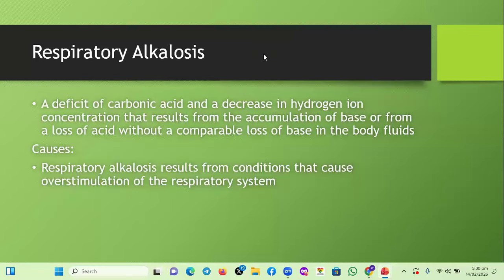Sir, when a client hyperventilates, does it mean they have respiratory acidosis? No. So if the client is hyperventilating, the client will be bringing more carbon dioxide out. Under normal circumstances, hyperventilation will lead to respiratory alkalosis, which we are coming to.